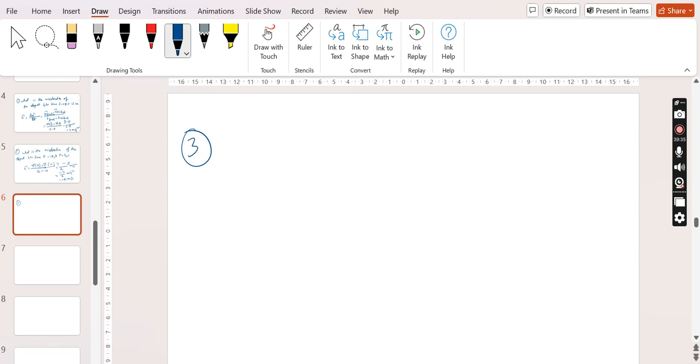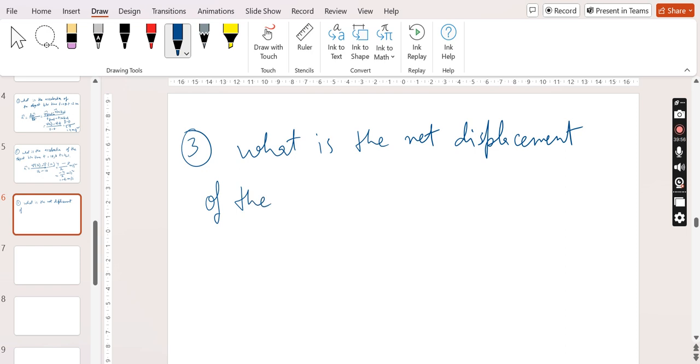The third part of the question is, what is the displacement of the object? At time t is equal to 0, v is equal to 16.